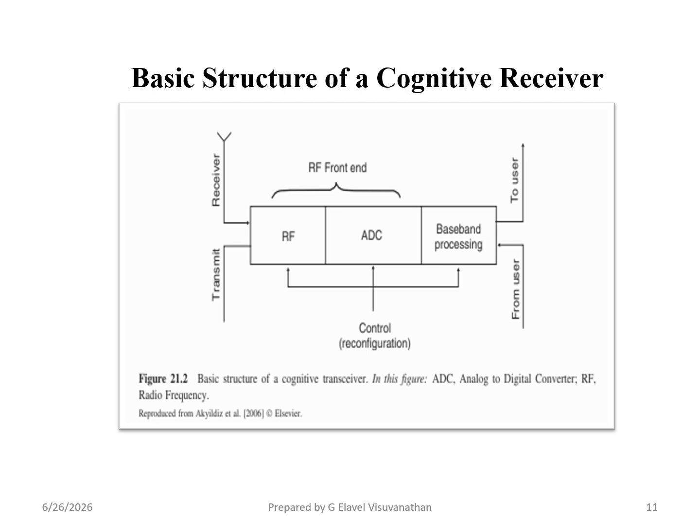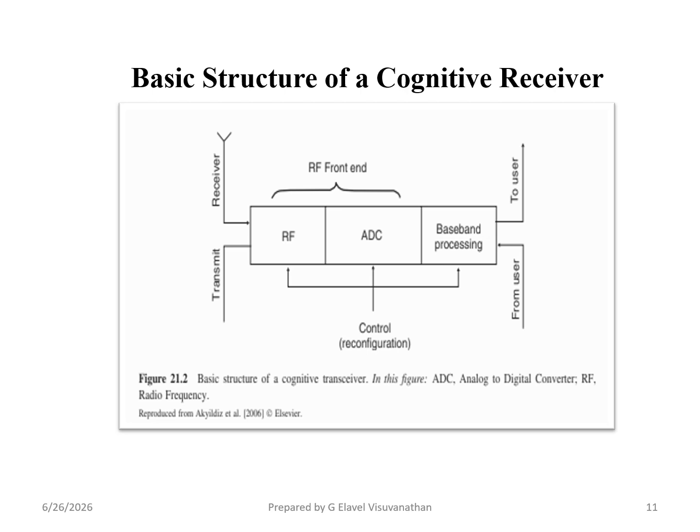Here you can see it is a two-way structure, with transmitter and receiver on the RF side as well as on the baseband processing side. In between we have the ADC, the analog to digital converter. It controls the spectrum with the help of the RF and the baseband processing.